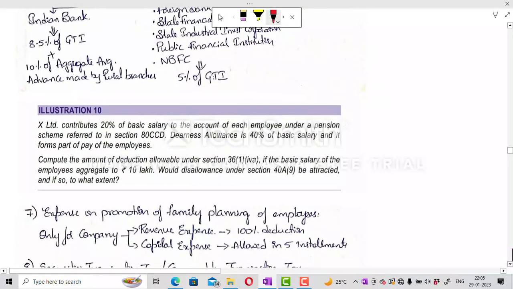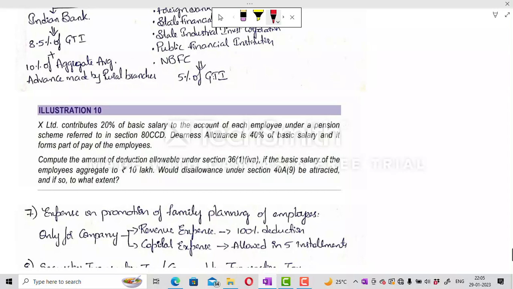Illustration number 10. See this one. X Limited contributes 20% of basic salary to the account of each employee under the pension scheme. Refer to section 80CCD. Dearness allowance is 40% of basic salary and it forms part of pay for employees.